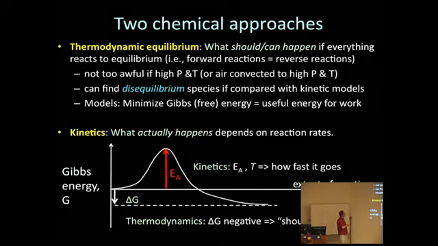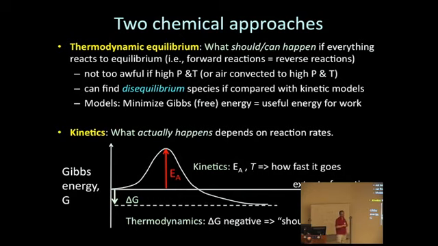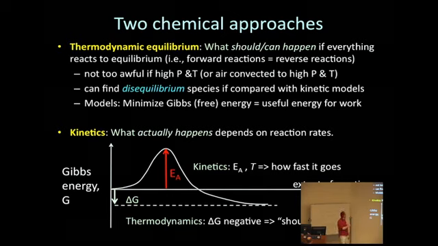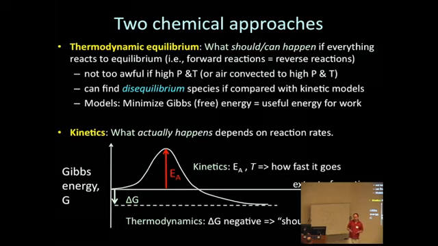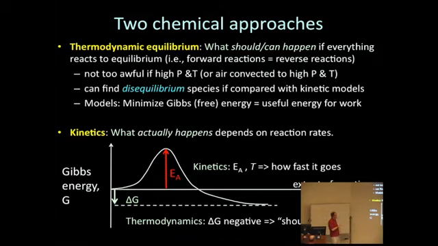Thermodynamic equilibrium is when forward reactions equal reverse reactions, and it's not too awful. What you calculate, if you're dealing with a high pressure and temperature case, or a case where everything gets convected to high temperature and pressure regularly. So people do thermodynamic equilibrium models for Jupiters, hot Jupiters, and so on, and they're not too awful.